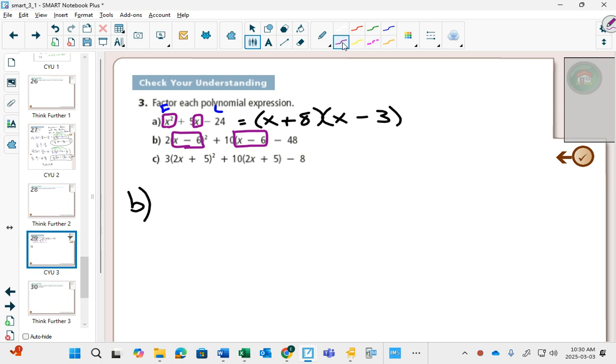So what we do as a strategy is we pick any letter other than x. Jordan, pick a letter. B. And we say, let B equal the x minus 6.